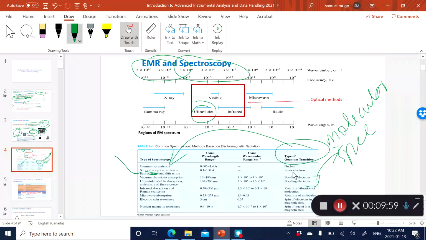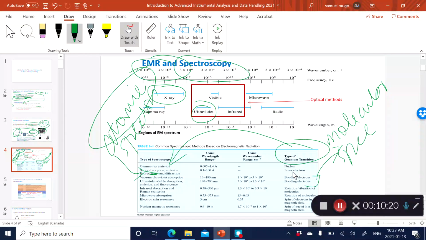As such, you're going to find in most cases, anytime you're using X-ray as a source of the energy of the probe, then you can only use it for atomic spectroscopy. As such, you can see that you can use all these types of instrumentation either to probe atoms or to probe molecules, depending on how energetic they really are.